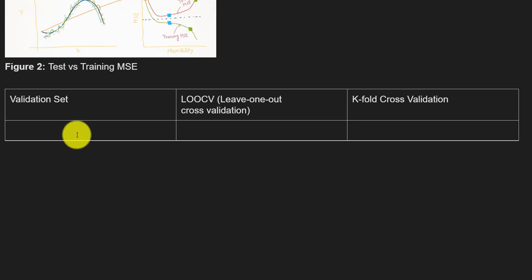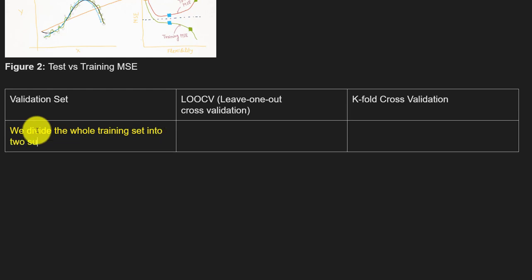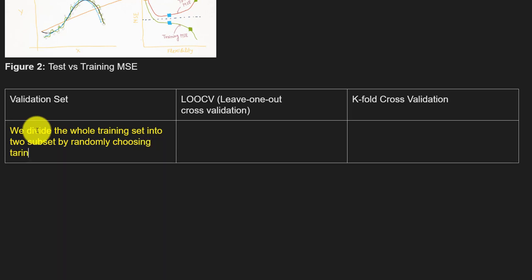In the validation set approach, as we are planning to estimate the test MSE from the training data, what we do is divide the whole training set into two subsets by randomly choosing training observations.